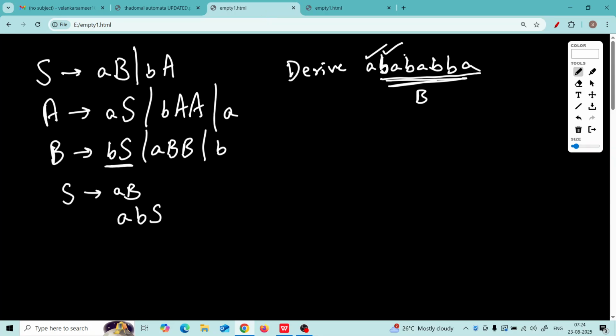Now AB is generated, and this part of the string is pending. And now we have capital S. Capital S should give this somehow. That means we want the letter A to begin with. So the only production we can use, S gives AB. So we have now derived ABA.